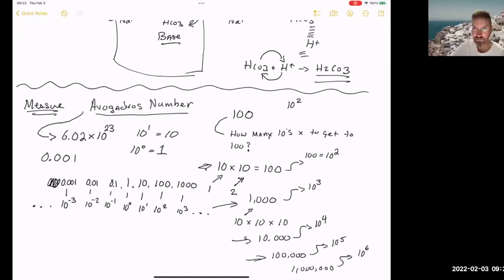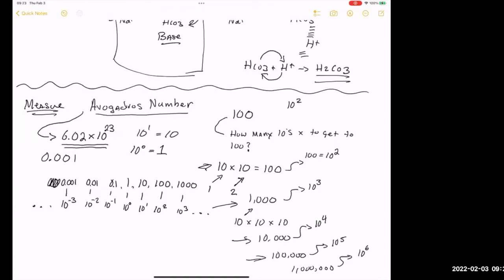That's how large of a number it is. It's just too large to write. So it's 6, and then this decimal point moves over 23 times, and whatever that is, that is what Avogadro's number is. 6.02 times 10 to the 23. All right, everybody okay so far?